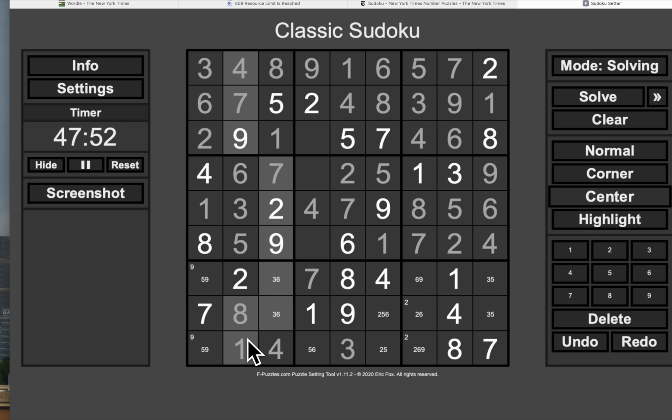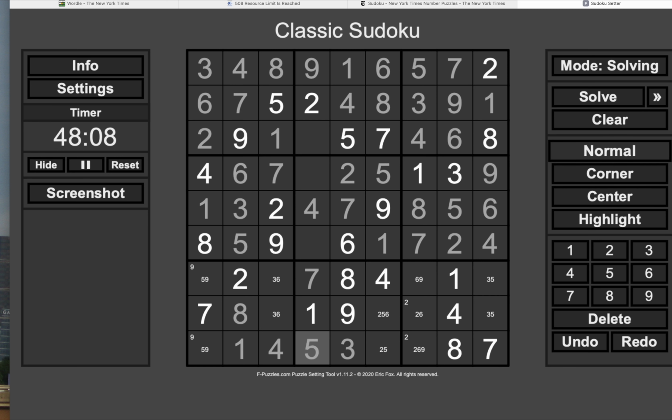Maybe put 5 over here. That's a 5 and that's a 5. If those are right, 5 has to go there. Yeah. That's the only place for it. So if that's a 5, that's a 2.